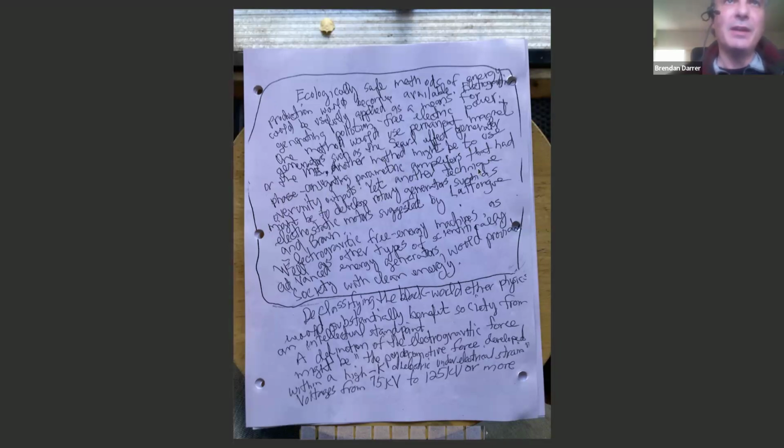Yet another technique might be to develop rotary generators, such as electrostatic motors suggested by LaForge and Brown. Electrogravitic free energy machines, as well as other types of scientifically advanced energy generators, would provide society with clean energy.